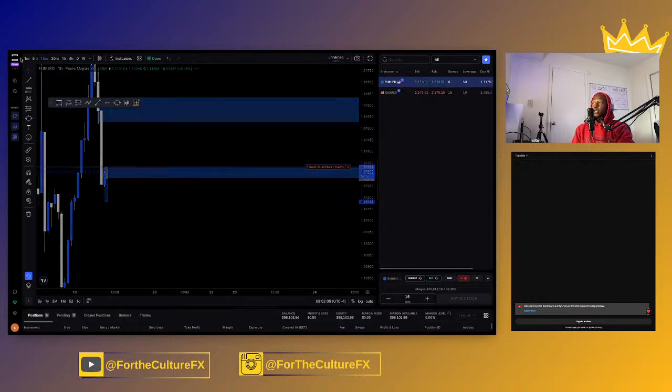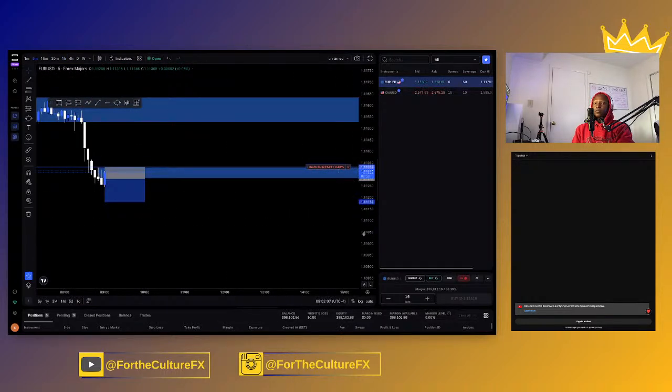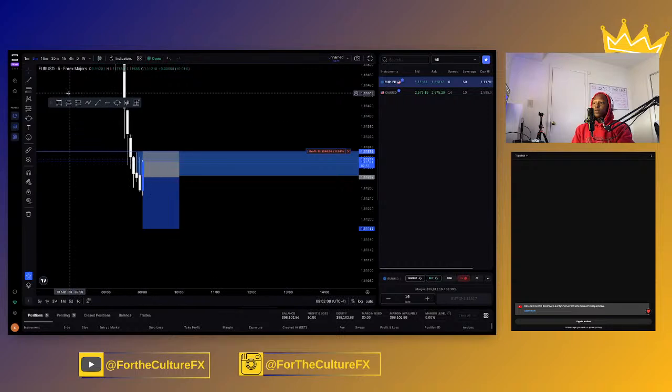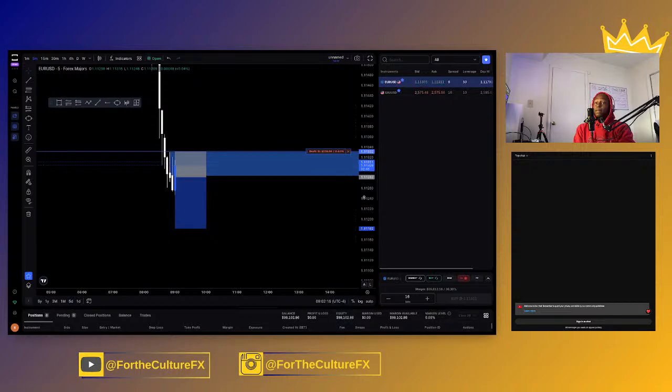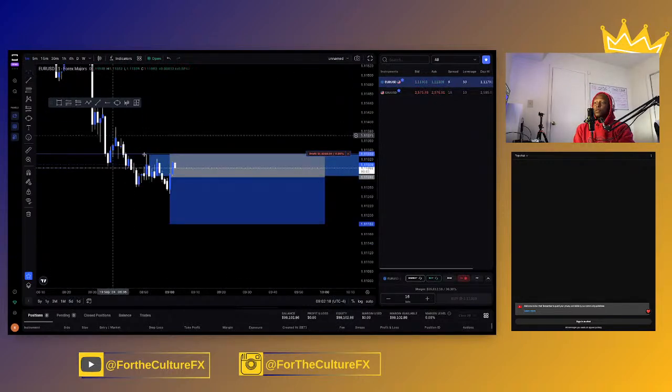So we're going to take a look and keep an eye on the smaller time frame here for a plausible entry for a continued sell move to the downside.